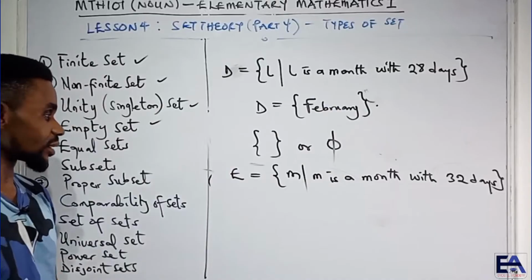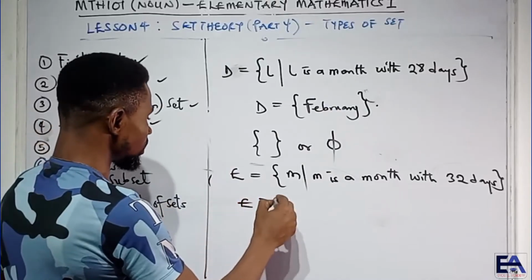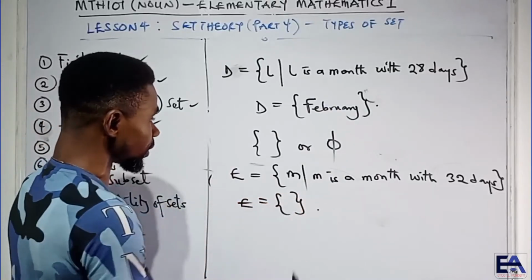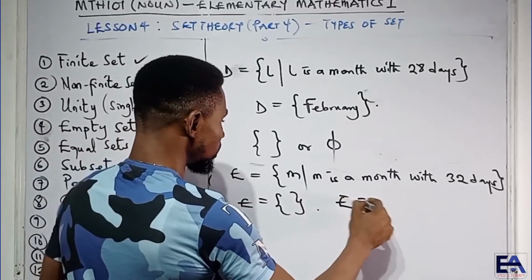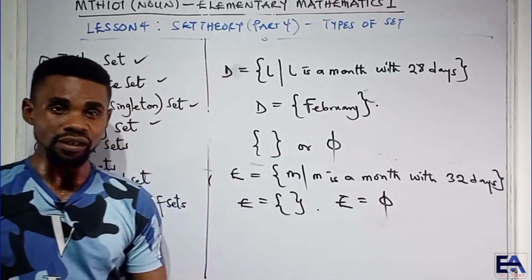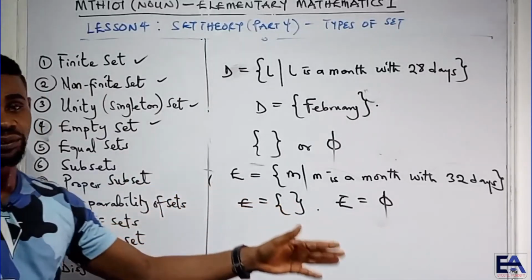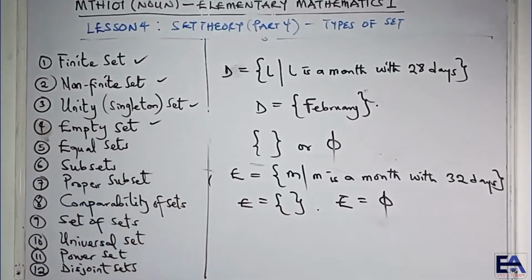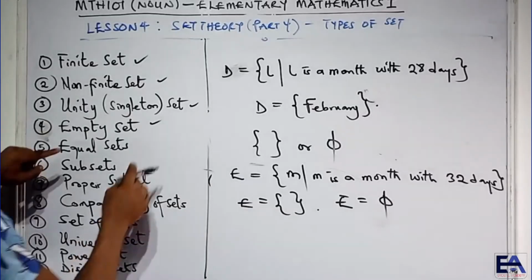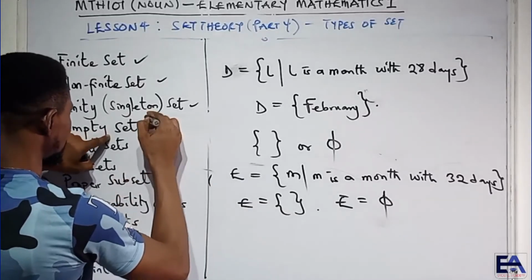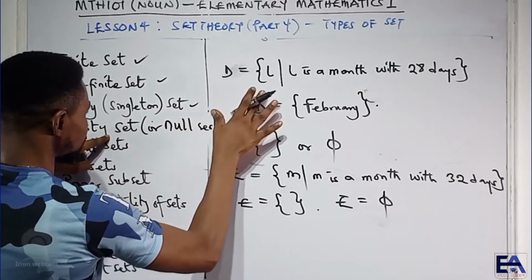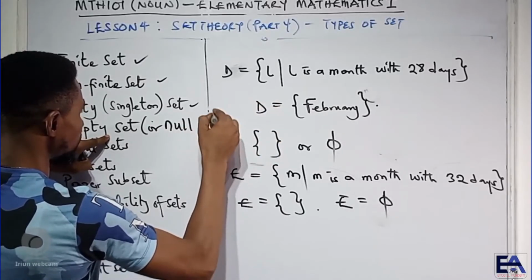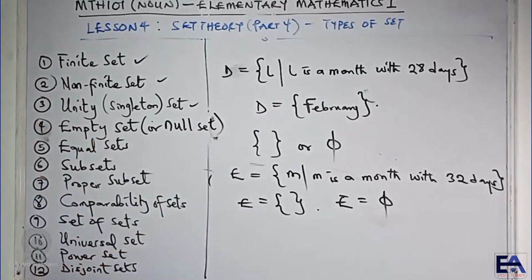In that case, we will say E is an empty set because there is nothing that will occupy it. Or we just say E is null, okay? So that's how to represent empty or null sets. Another name for the empty set is null, N-U-L-L sets. Please don't forget that.